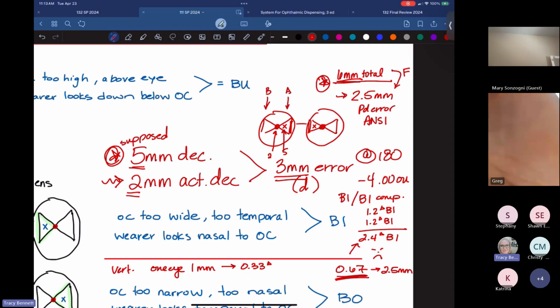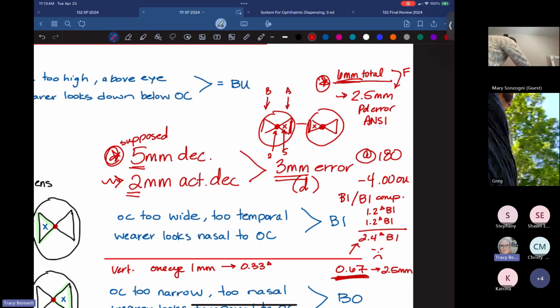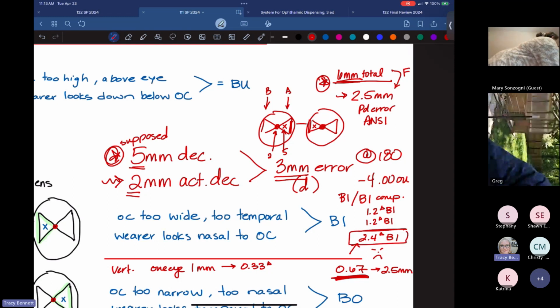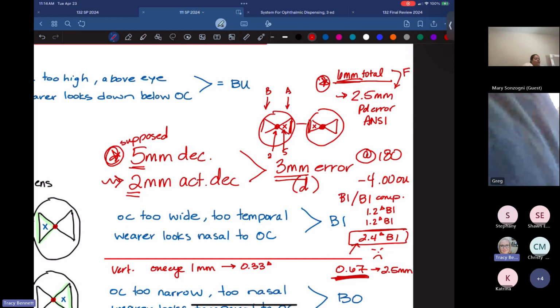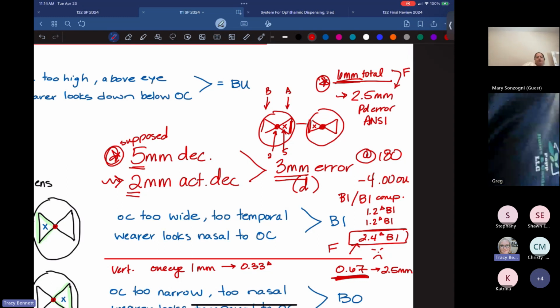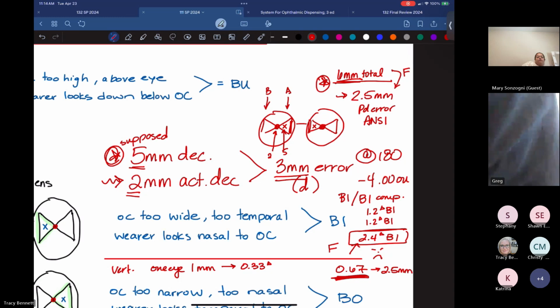Then we move on to the prism amount that we're allowed, and we're allowed 0.67, but we've got 2.4. We're significantly away from where we want and need to be. So this pass or fail? Fail. Correct. So this whole pair would fail with this amount of error because of this amount of power.